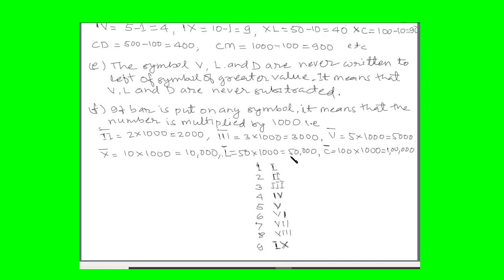Now we go to 10. 10 is X. Now we go to 20, XX. 30, XXX. 40 is, you cannot write X 4 times as no symbol is repeated more than 3 times.